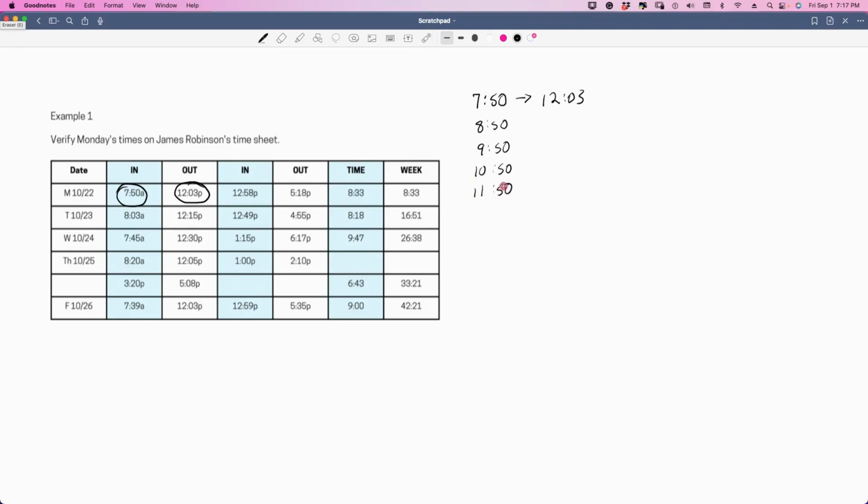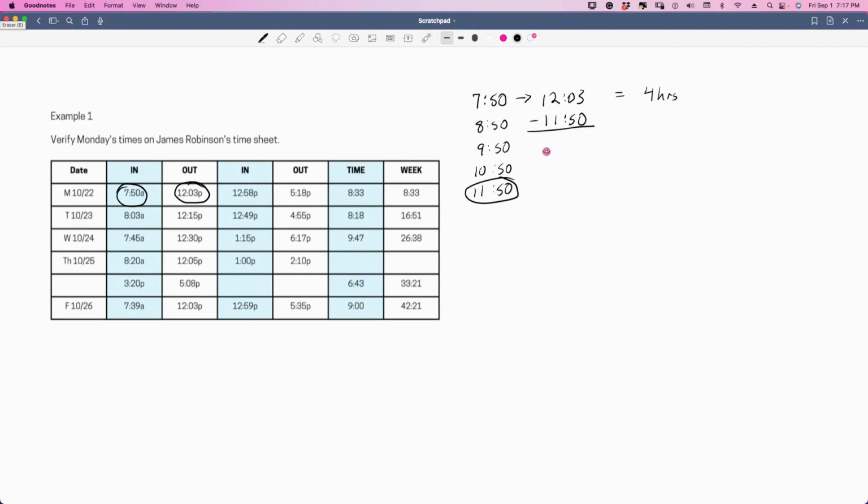This is as close as I can get. If I go to 12:50, I'll be past this. So that's going to equal 4 hours, but there's going to be some minutes left over. So I'm going to take the biggest hour that I can go to, which is 11:50, and I'm going to put that right here. And I'm going to subtract.